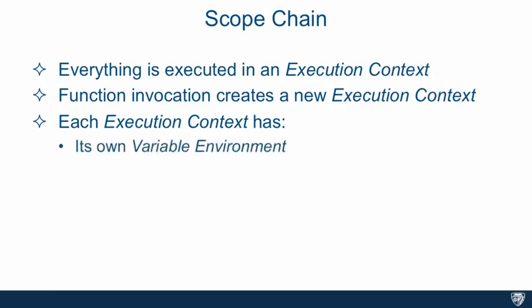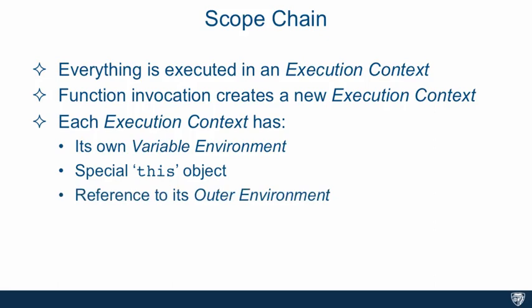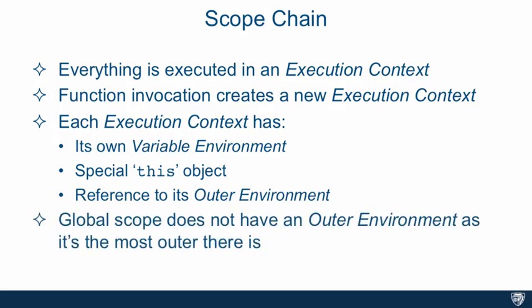This is where it stores its newly defined functions and variables. It also gets this special this object, which we're going to talk about in a later lecture. And what's most important for our discussion right now, it gets a reference to its outer environment, meaning the execution environment within which this particular function is defined. Now, global scope does not have an outer environment simply because it's the most outer there is.